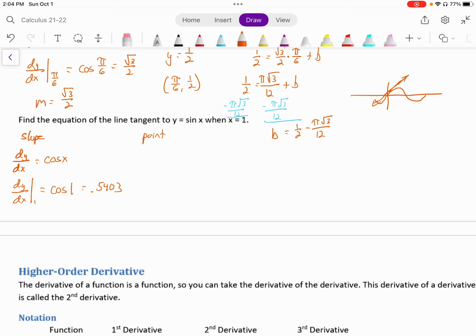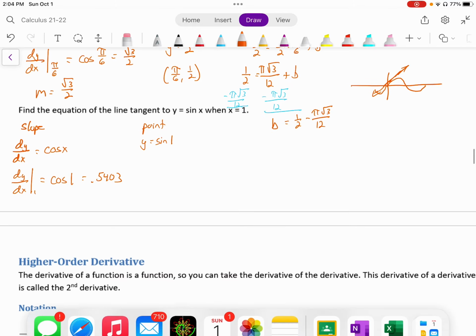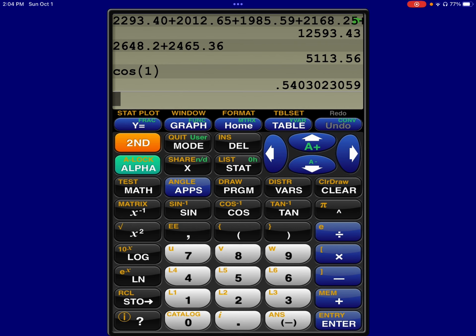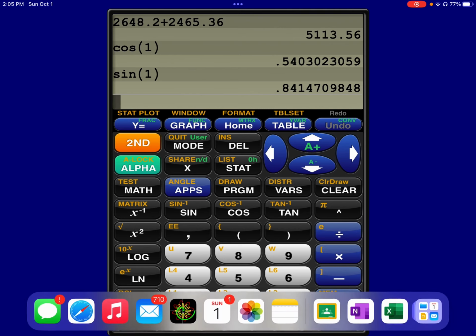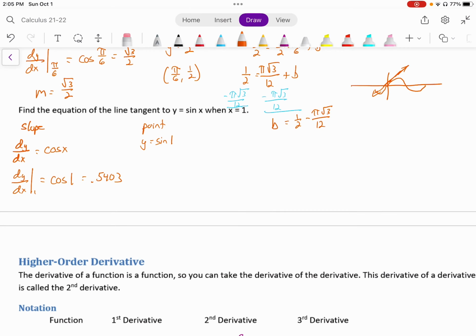The point is y equals sine of 1 radian. So now we want to do sine of 1, 0.8415. And so the point is x is 1, y is 0.8415.